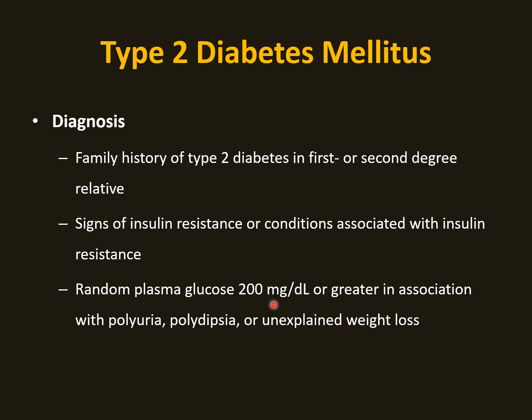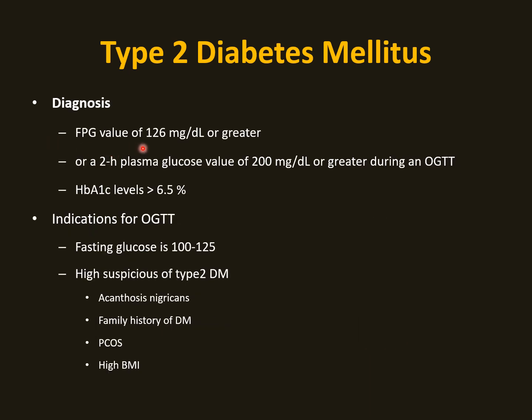The diagnosis is made if the random blood sugar is 200 or greater in association with polyuria, polydipsia, or unexplained weight loss. Also, if the fasting blood sugar is 126 milligram per deciliter or greater, or the 2-hour plasma glucose level is 200 milligram per deciliter or greater during the oral glucose tolerance test, or hemoglobin A1C is 6.5% or more. The indication for oral glucose tolerance test is very important to know: if you do a fasting blood sugar and it is 100 to 125, the second step is to do an oral glucose tolerance test.